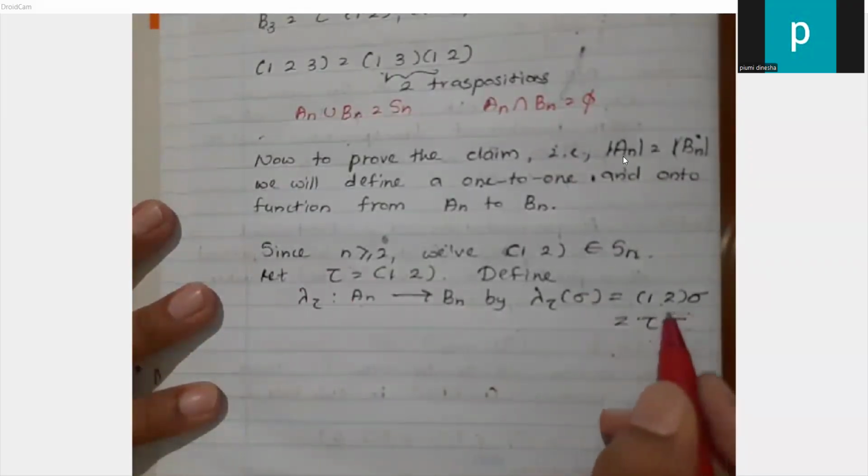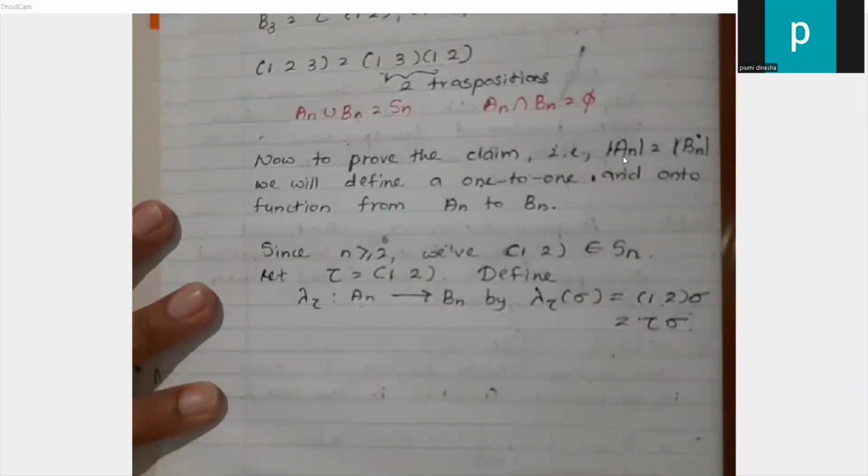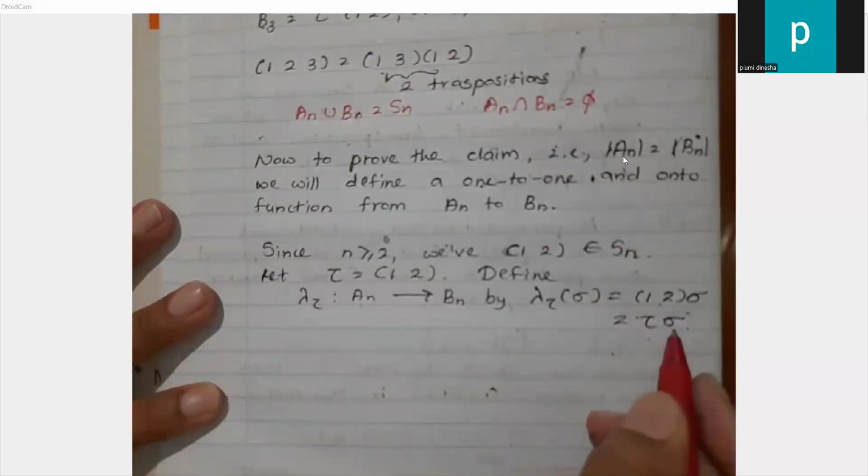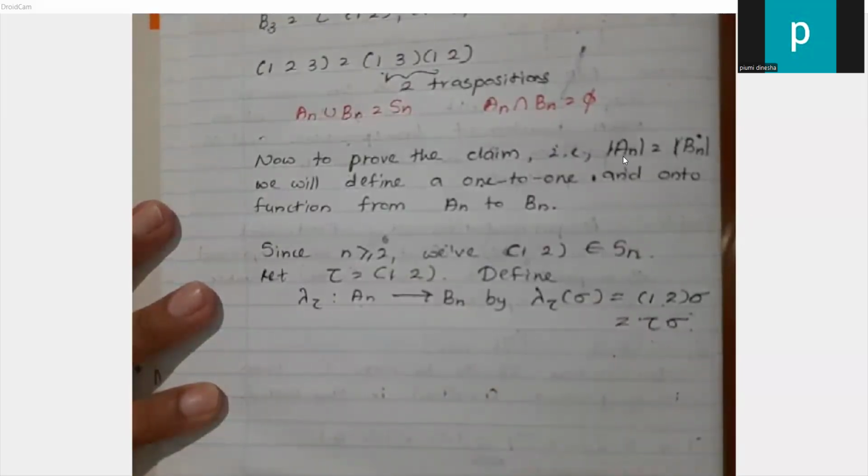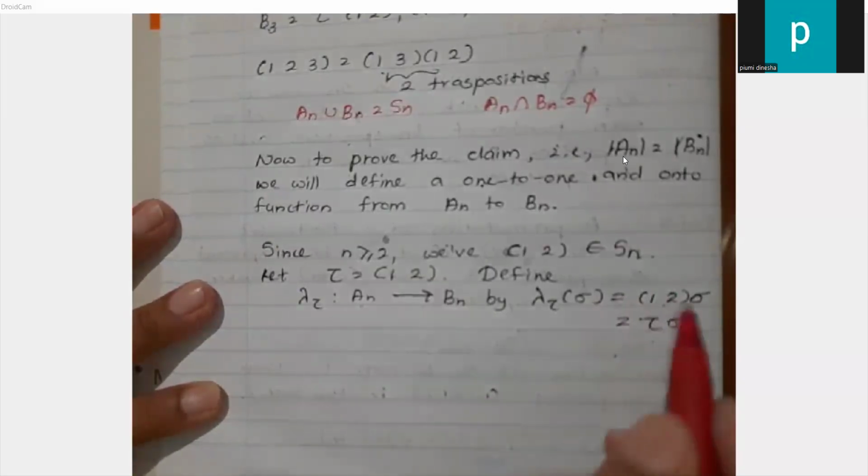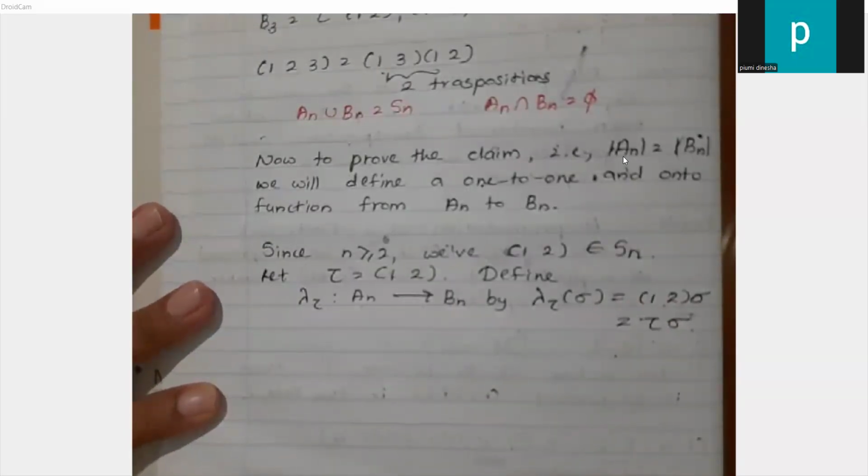So now this is also a permutation in Sn. Not only that, it's an odd permutation. Why? In sigma, we already have an even number of transpositions, and to this product you take another transposition. So an even number of transpositions plus 1 gives you an odd number of transpositions. So in this product, we end up with an odd number of transpositions, obviously an element in Bn, right?